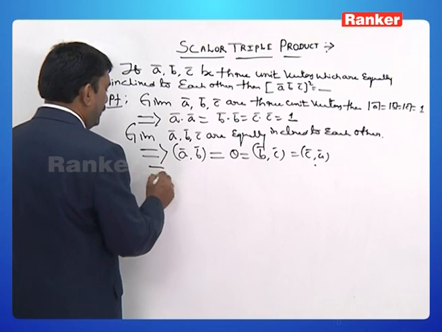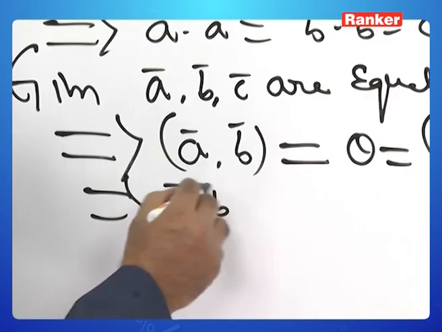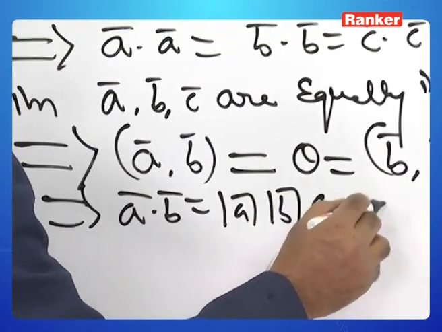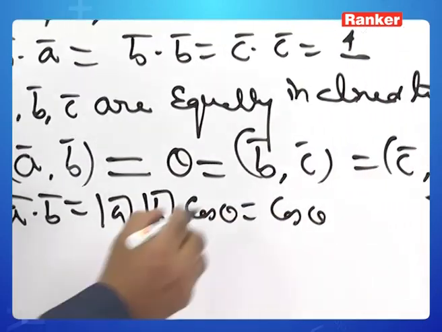This implies A dot B is equal to mod A mod B cos theta, which is nothing but cos theta.